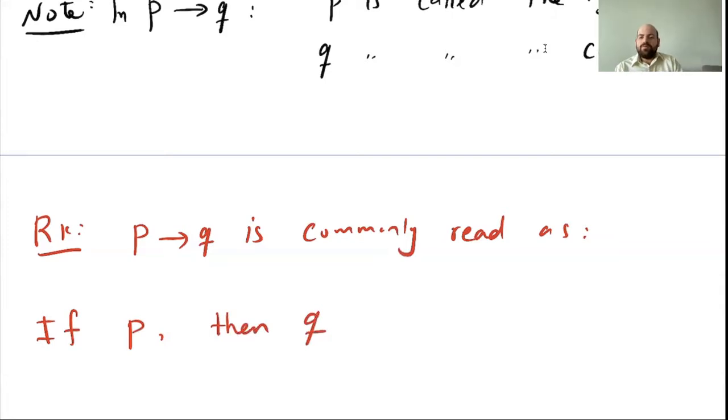So when we say if a statement, then another statement, the statement coming after if is called the hypothesis or assumption, and the statement coming after then is called the conclusion.